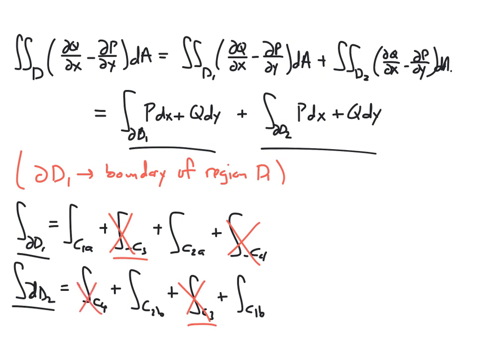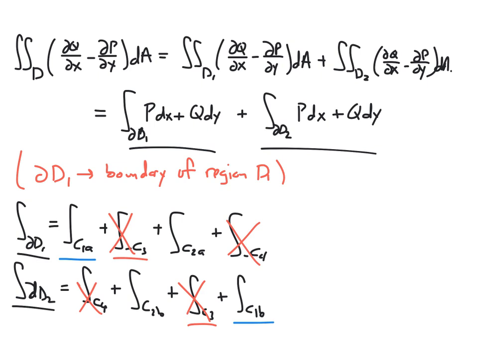So those values, whatever the value is, we don't know, but we know that they are going to be negatives of each other. So when we add them together, we get 0. Right? Also, when we add all this together, we're going to have the integral of C1A plus the integral of C1B.